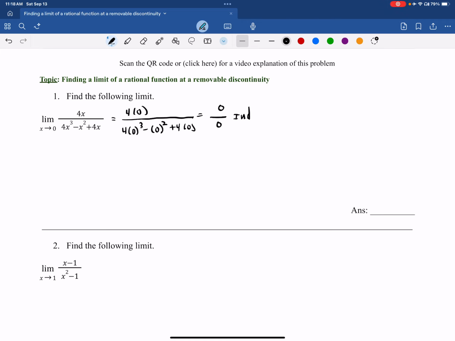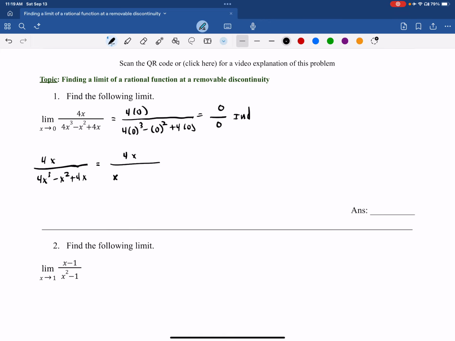What that tells me is the function does not exist at that point, but with limits, it doesn't matter what happens at that point, it only matters what happens near that point, so let's try a different technique. Let's look back at that original function, 4x all over 4x cubed minus x squared plus 4x. One thing I notice in the denominator is I have a common factor of x. So in the numerator I'd have 4x, and in that denominator I could factor out that x.